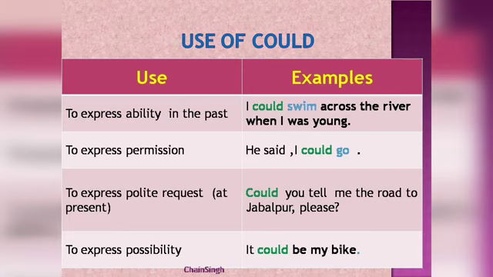Example, could you tell me the road to Jabalpur please? Here you have to remember that could is more polite than can. Fourth, to express possibility. It could be my bike. For asking permission or for polite request, could is used mostly.